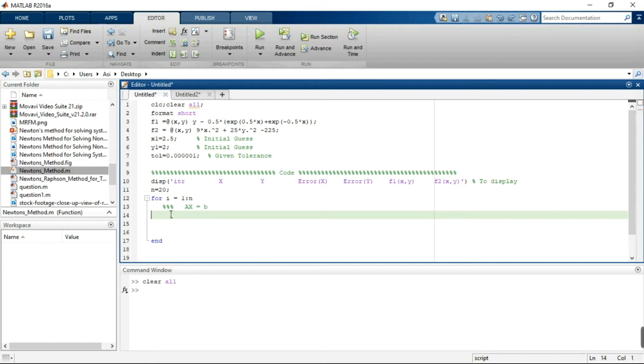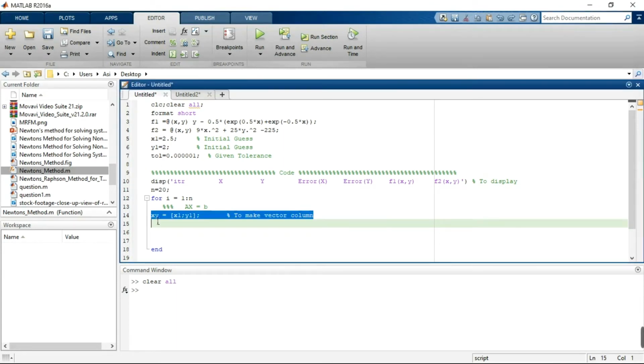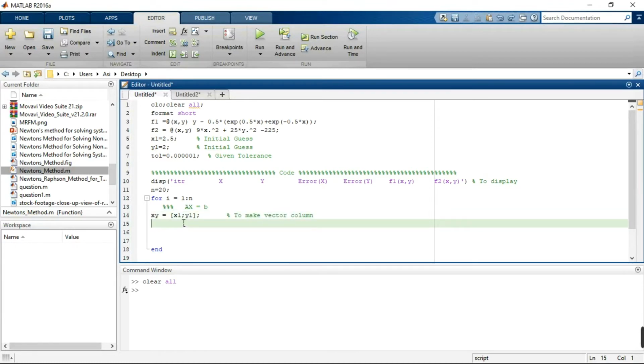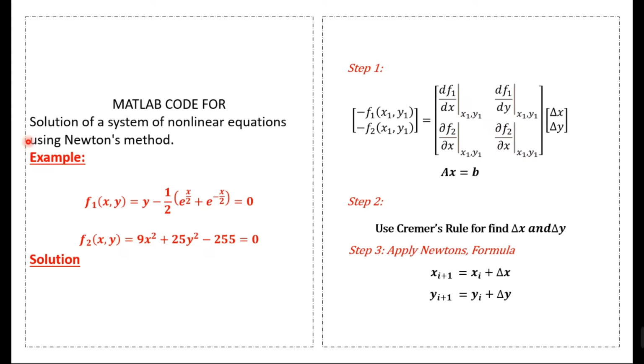Okay, and we know that we have a matrix form of the system of equations, Ax equal to b, and we write them in matrix form. So this is our first column vector, xy equal to x1 and y1. So we write these initial guesses in vector form. Next we write the Jacobi matrix, this is our Jacobi matrix.